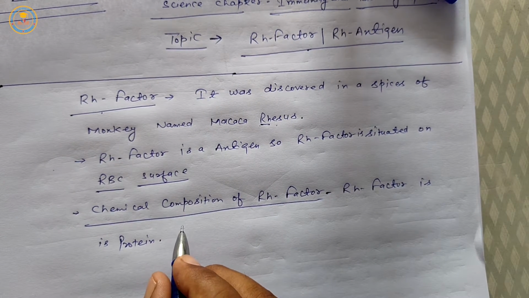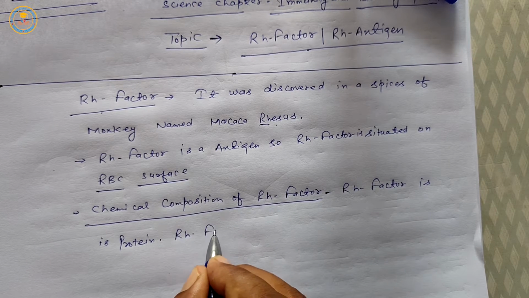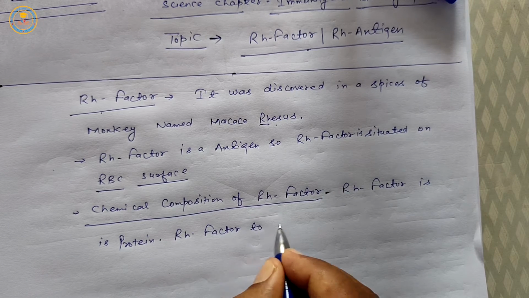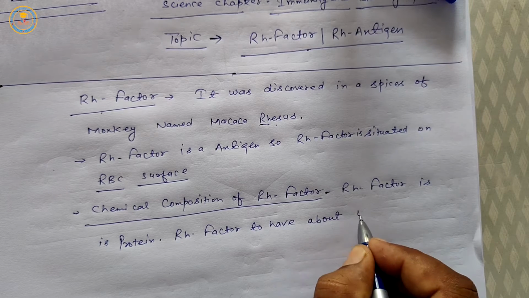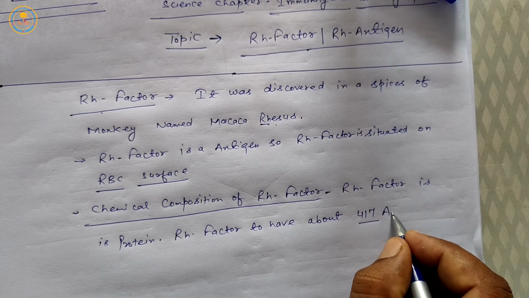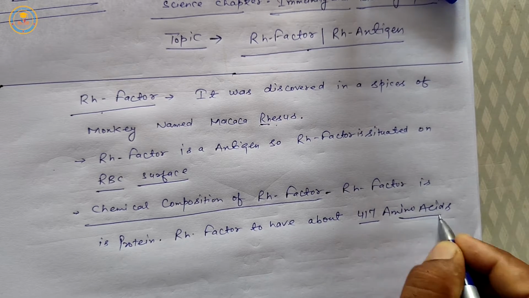Next, Rh factor has about 417 amino acids.